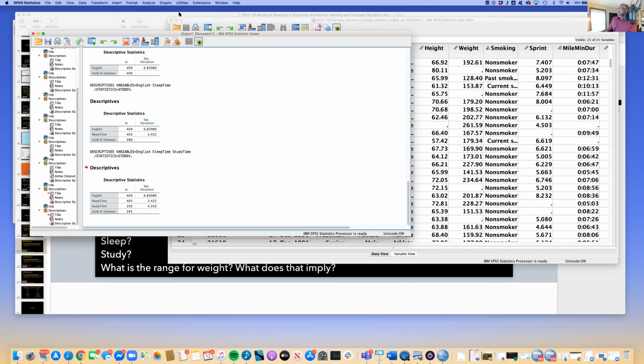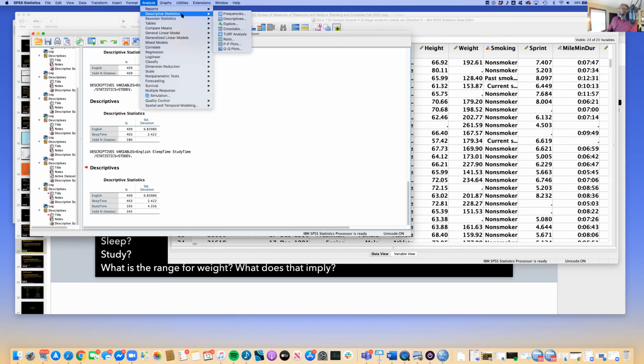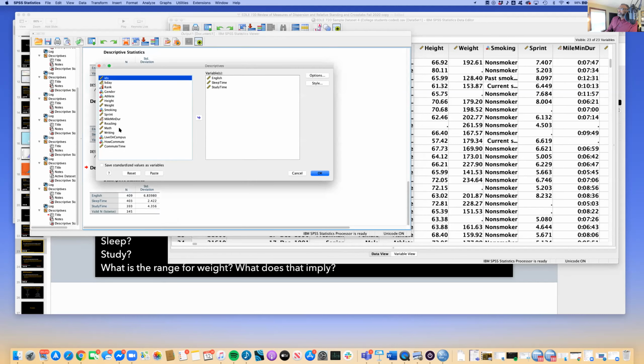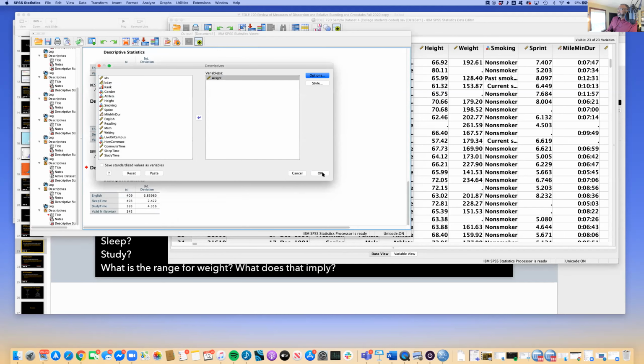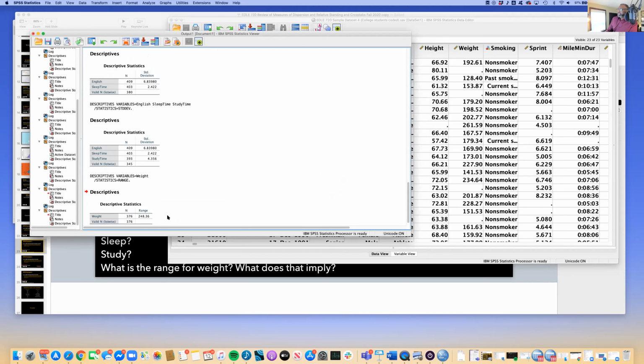And let's do the range for weight. So we're gonna go to descriptives, we're gonna go to weight. We'll reset and just put weight in here. We'll undo all of this, minimum, maximum, just do range. And the range for weight is, wow, 248.